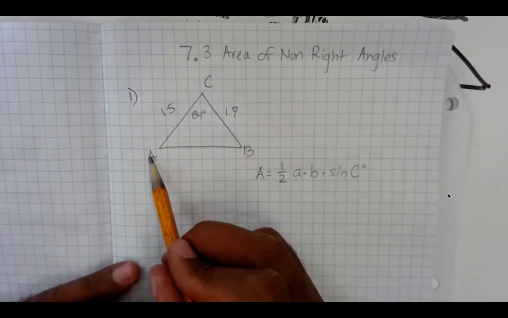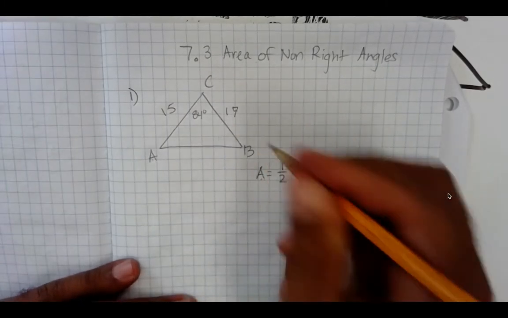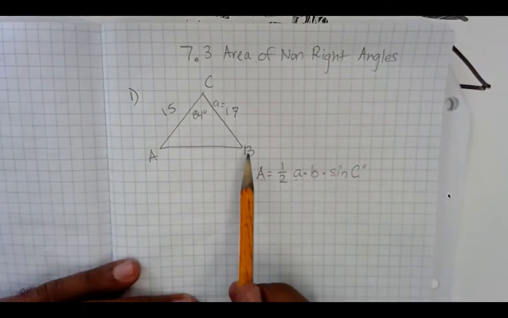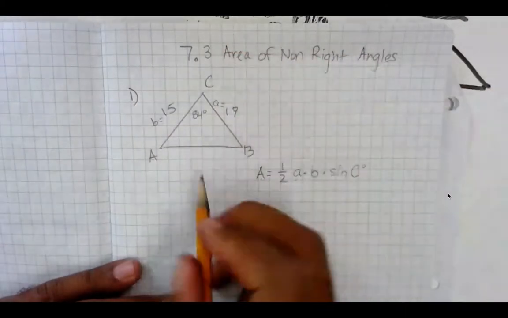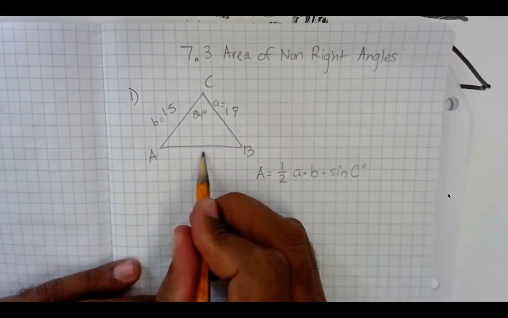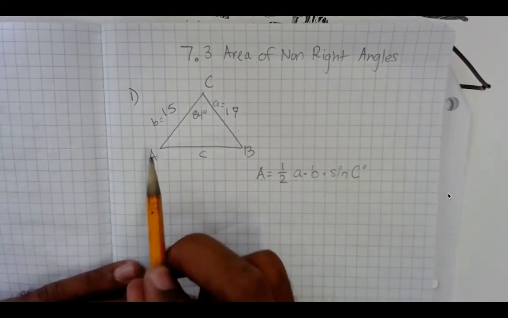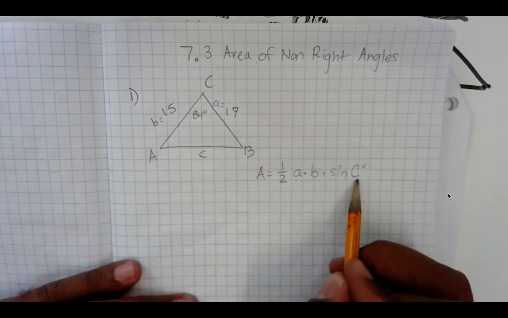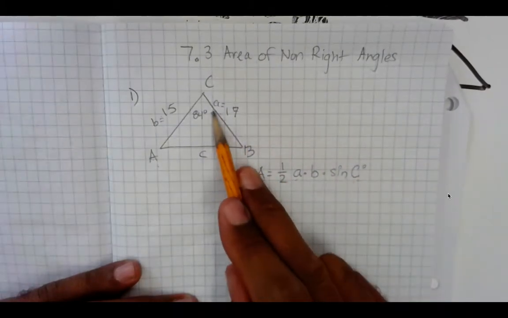It's the side that's across from the big A, the opposite of it. So across from B, that's little b, which makes this side c. Remember, your sides are usually written as lowercase and the angles are written as uppercase. So that means this is angle C, which is 84.